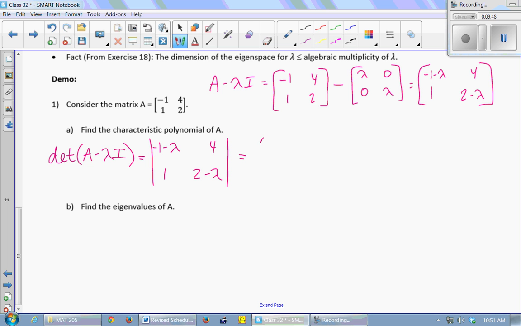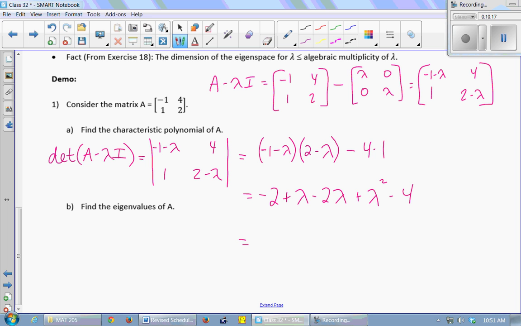So I'm going to have (-1 minus lambda) times (2 minus lambda) minus 4 times 1, and then I can multiply this out. So I have -2 plus lambda minus 2 lambda plus lambda squared minus 4.